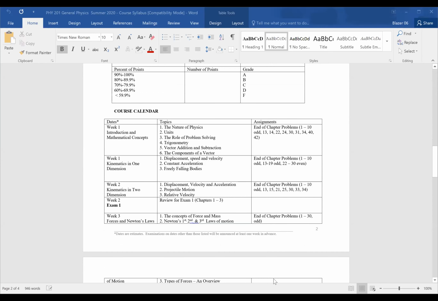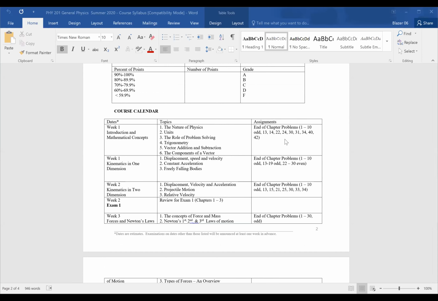If you look here, you see where it says freely falling bodies. So this is end of chapter problems. Of course we didn't get here in week 1, so we're actually in week 2, but the assignment for this, now this one you can ignore. This was chapter 1.